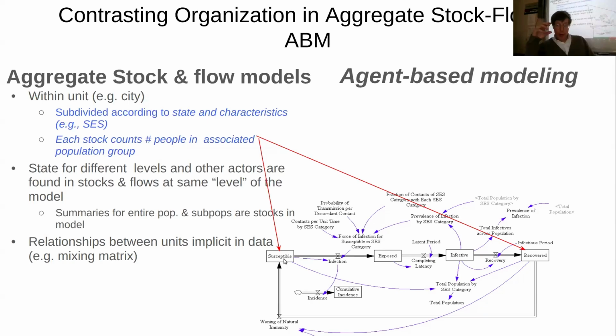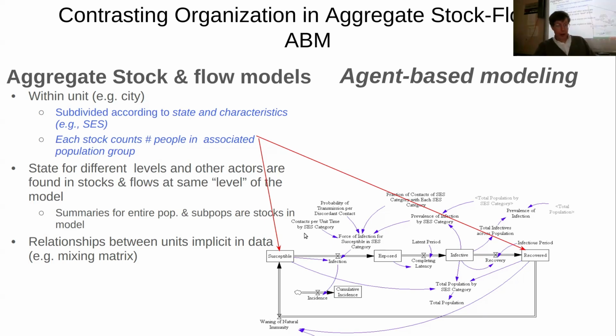Each of these stocks, each of these state variables represents some count of people with the same characteristics. If we're to distinguish sets of people, we do so by putting them in different bins, right? It's by putting them in one of these bins, counting them as part of a different set of people, that we distinguish them. We characterize separately their state and characteristics.